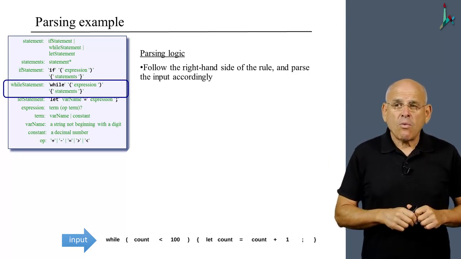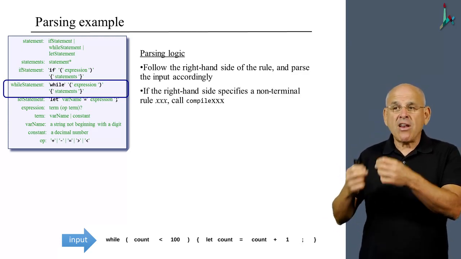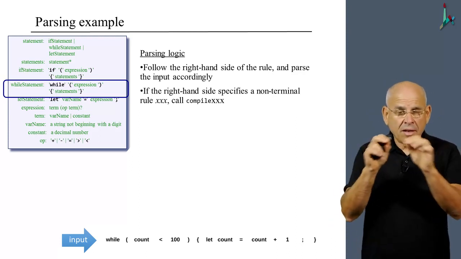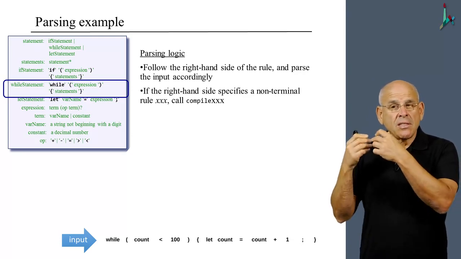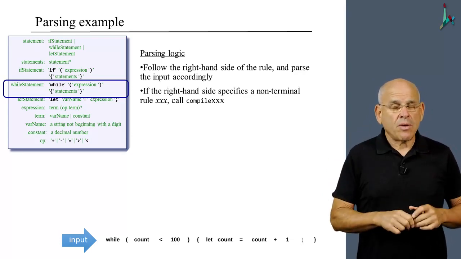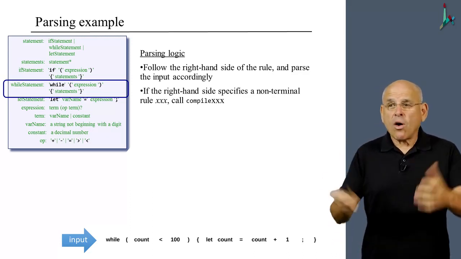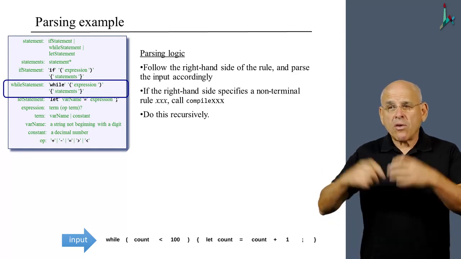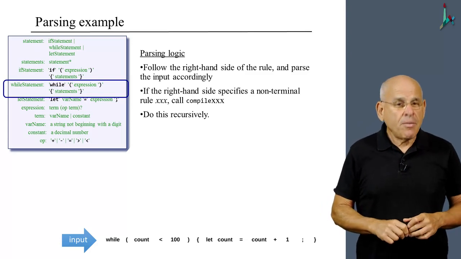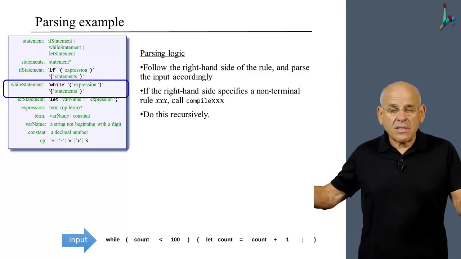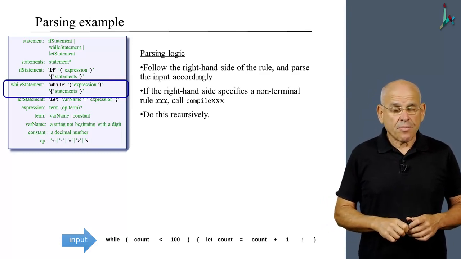At some point, we will get something like expression. So if the right-hand side specifies a non-terminal rule rather than a token, then we call the corresponding method, which is designed specifically to deal with this particular non-terminal rule. So as you see, this whole thing is highly recursive. So we continue to recurse until we exhaust the input and run out of tokens, and then we know that we have completed the parsing of the given input.